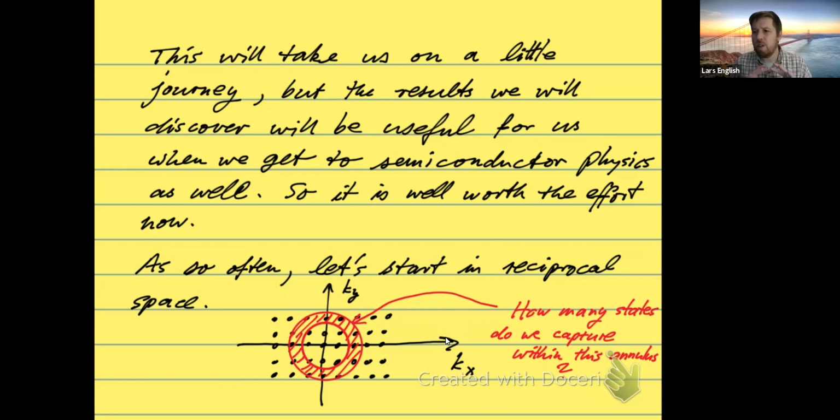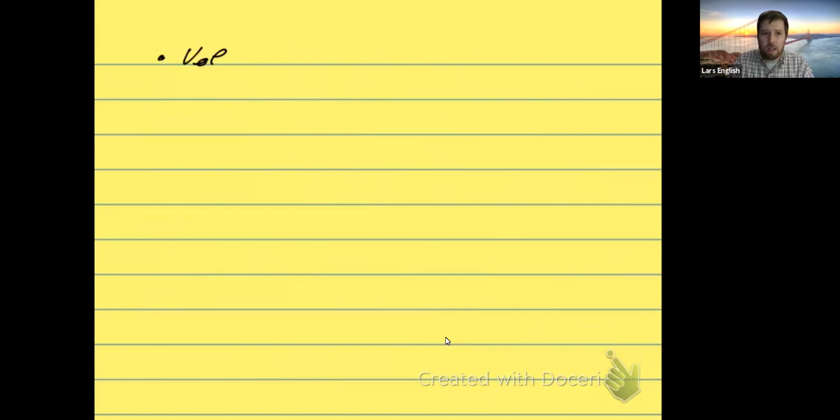If we just drew a single circle, it wouldn't really capture any states. I need to make that into a ring of a certain width. And then we can ask how many states fall within that ring. That is our initial goal.